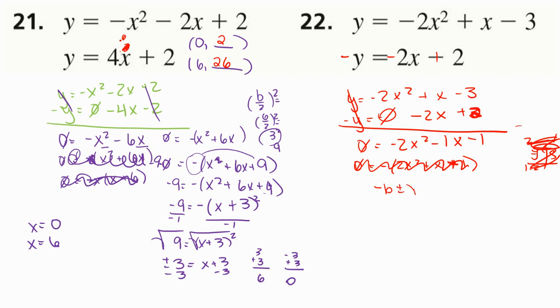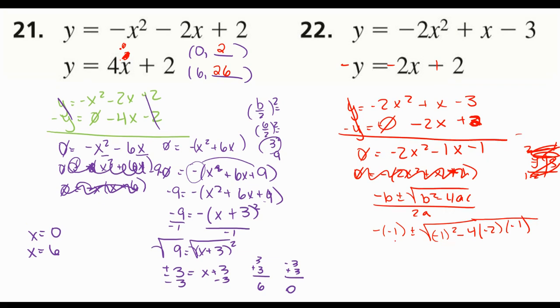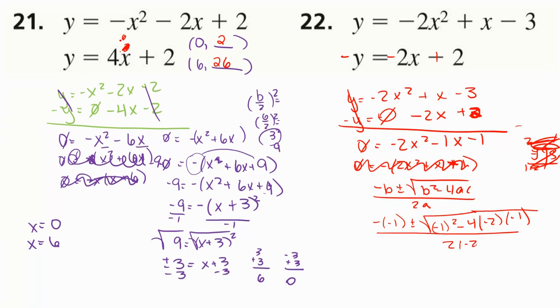check. So plus minus the square root of b squared minus 4ac all over 2a. So minus negative 1 plus or minus the square root of negative 1 squared minus 4 times a, which is negative 2, times c, which is negative 1, all over 2 times negative 2.